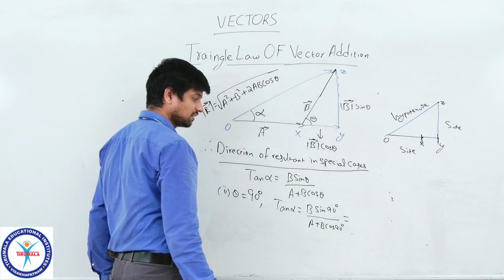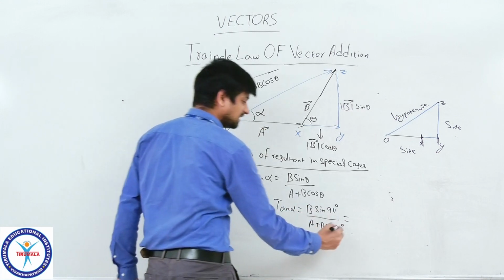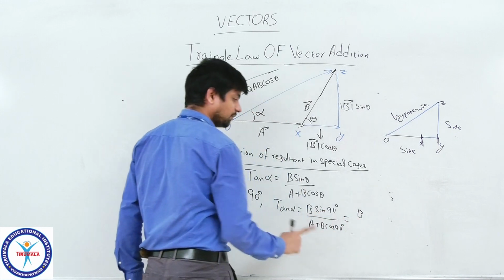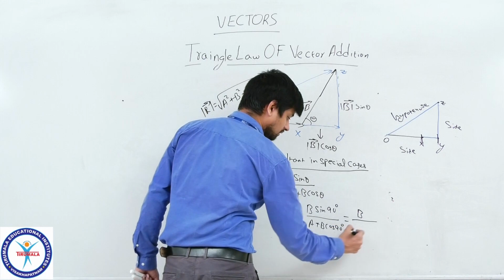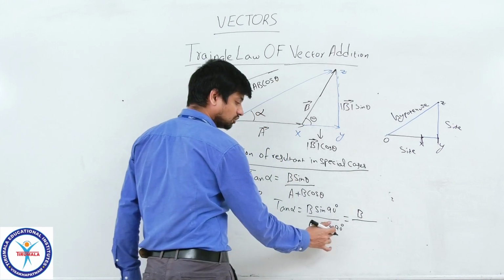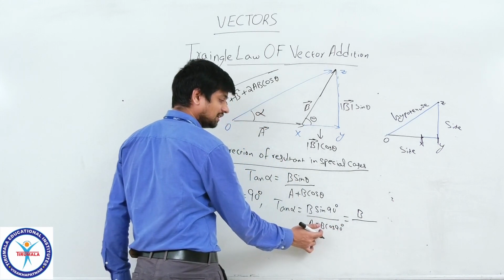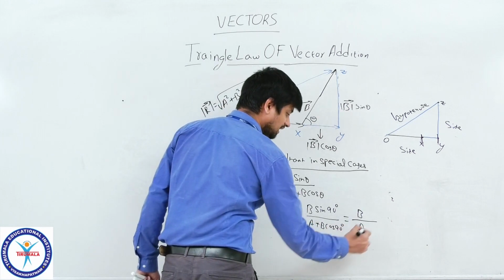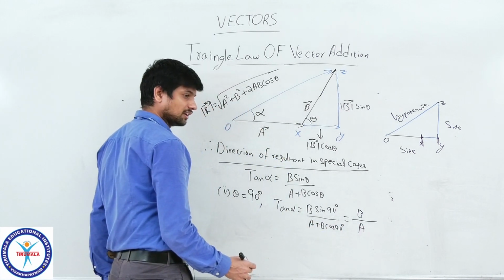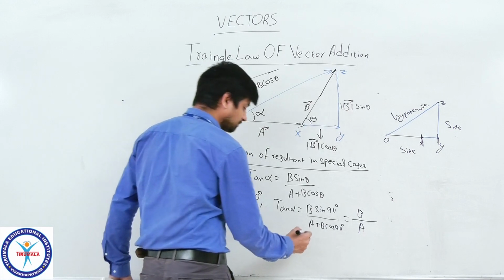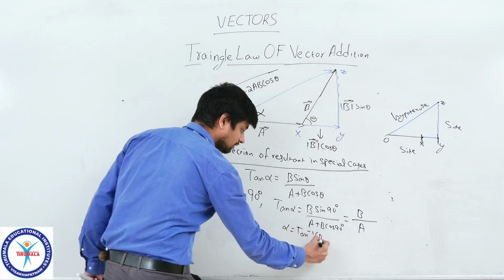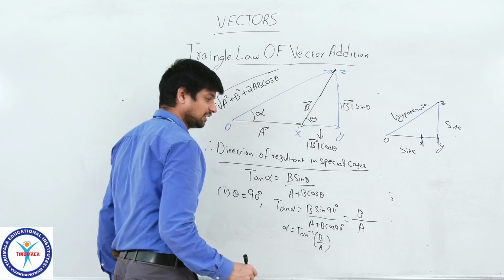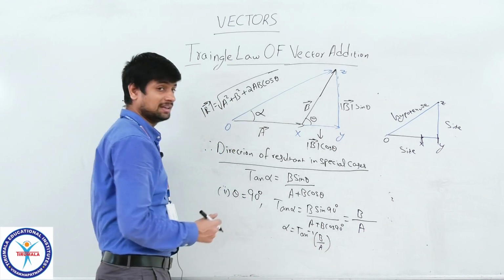Sin 90 value is 1, and cos 90 is 0, so 0 into B. So what do you get? B by A. So alpha value you will get is tan inverse of the magnitude of B by A.